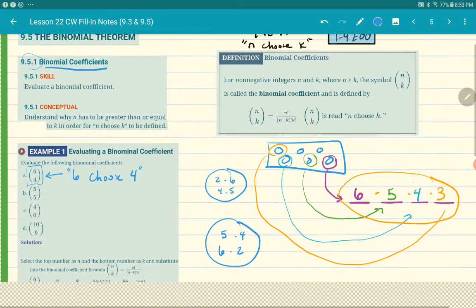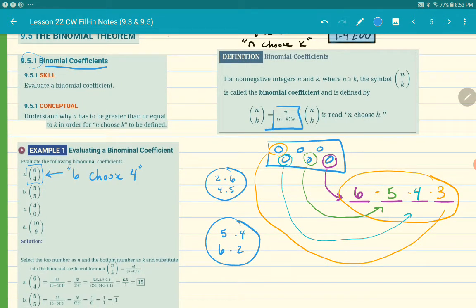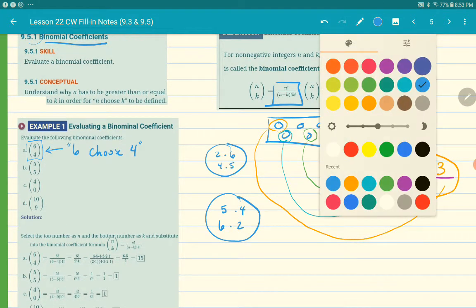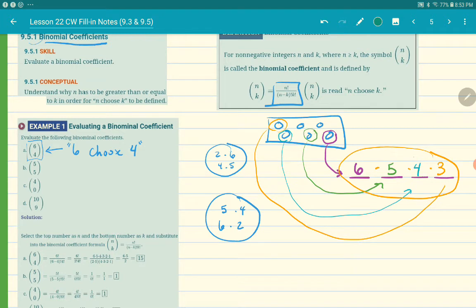Okay, so now let's talk about this formula and how what I'm saying relates to that. If I were choosing 6 people out of the group, then I would have n factorial. 6 times 5 times 4 times 3, that's almost 6 factorial, right? Except if I do 6 times 5 times 4 times 3 times 2 times 1, I don't want the 2 and the 1.